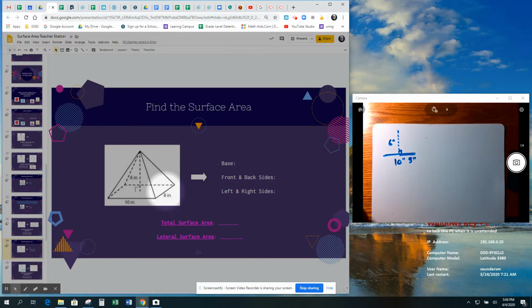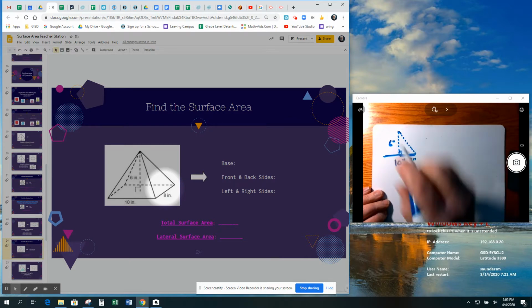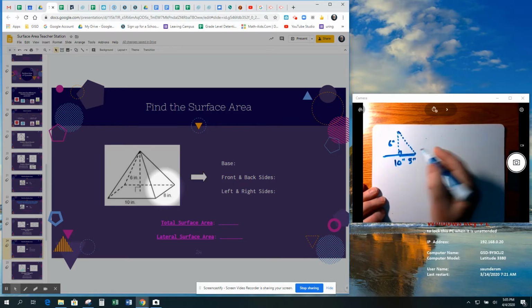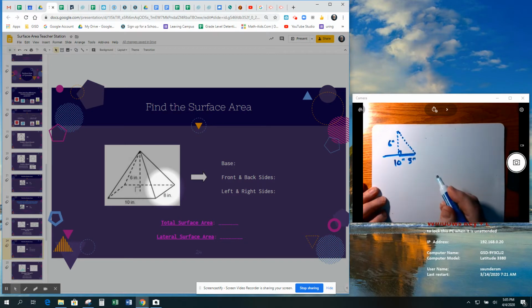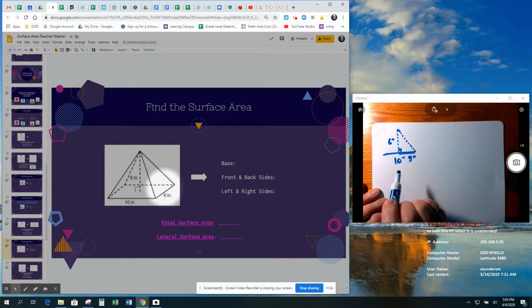Now the slant height of the triangle would come down from the apex to the place where I connected this triangle right here. So this would be my slant height. We have a formula called the Pythagorean formula that will help us figure out what that number is.